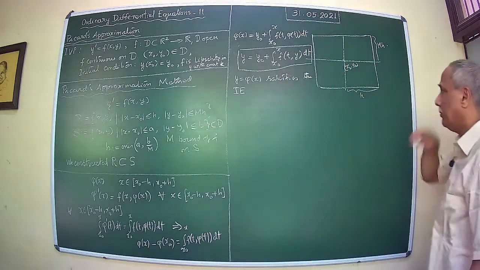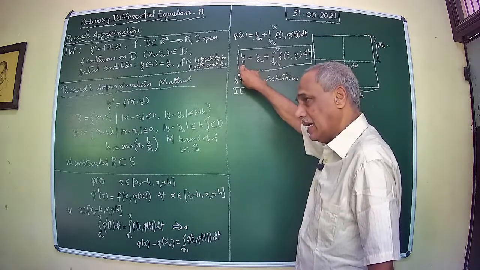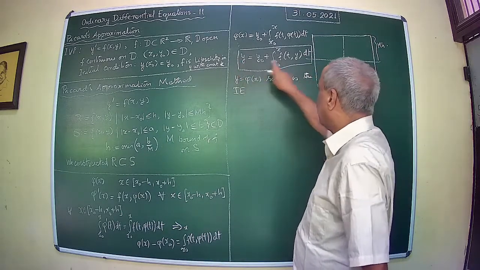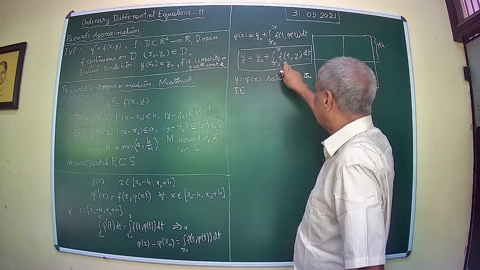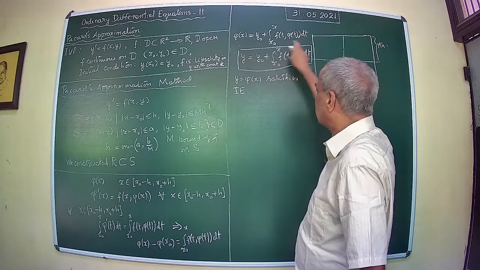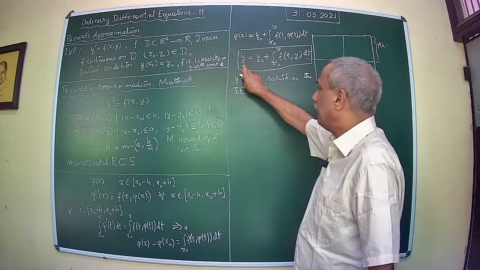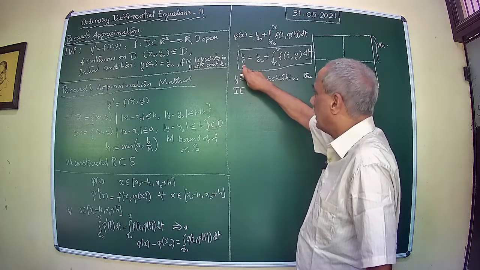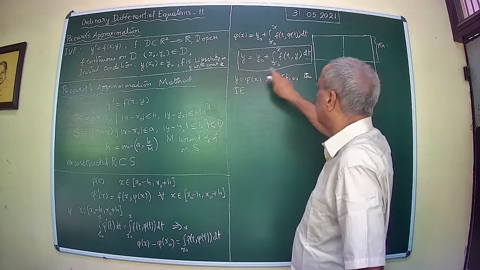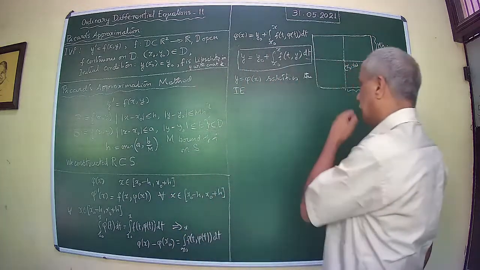Then what you have? y is a continuous function, and if it is admissible, I mean these are the conditions. If it is admissible, then you see that this is well defined and all this integral is well defined, and what you have is that y becomes not only continuous but it's also differentiable, that the derivative exists everywhere on the interval mod x minus x naught less than or equal to h.